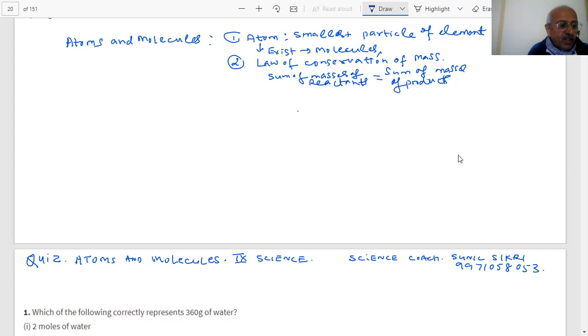Another important law which we studied in this chapter was the law of definite proportion.